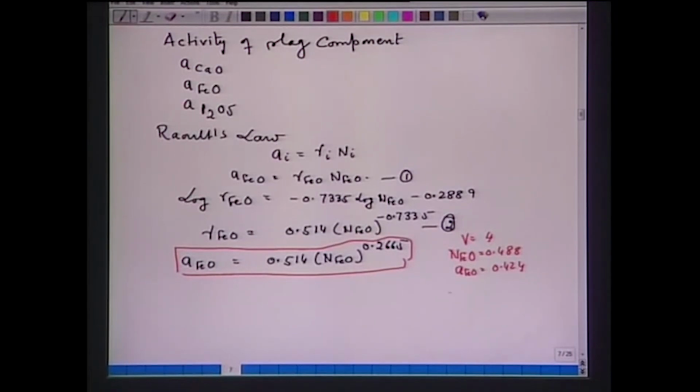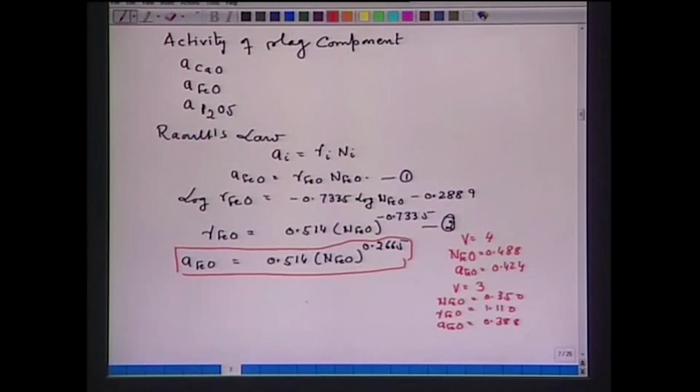Similarly, if I take V equal to, for example, 3, then NFeO is equal to 0.350. I determine gamma FeO, that comes equal to 1.110, then I calculate the activity of FeO, that is equal to 0.388.